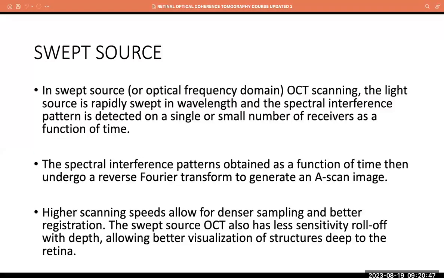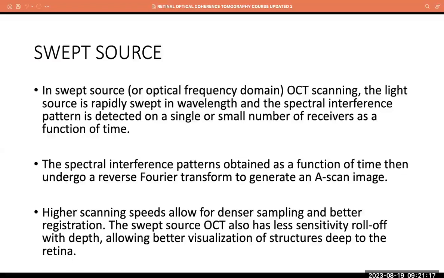Most of it is experimental, and it's not yet common in the market. The speed of the scan is higher, and the artifacts are also smaller. The light source is swept in wavelength, and the interference pattern is detected on a single or multiple receivers functioning at the same time. So you have a lot of information going in.